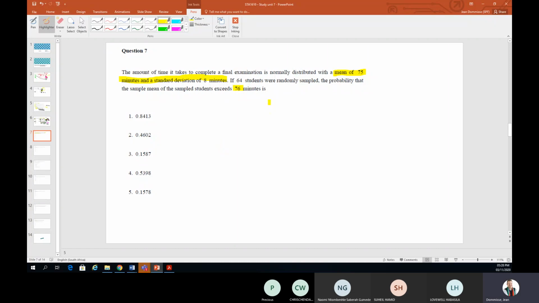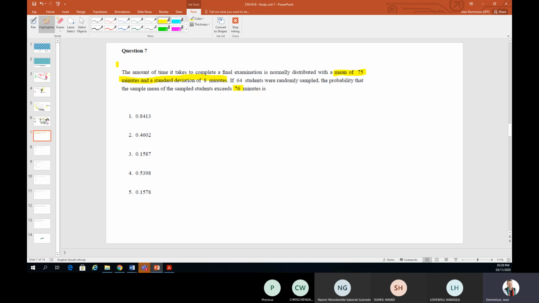Okay, this is quite interesting. So I nearly want to say the amount of time is normally distributed.